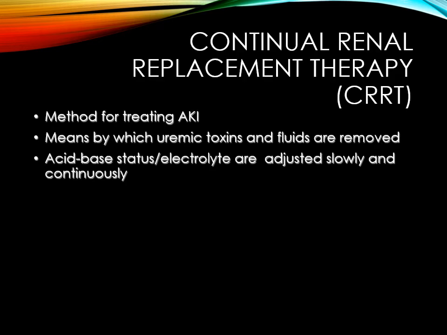Moving on, let's talk about CRRT, or continuous renal replacement therapy. The principle of CRRT is to dialyze patients in a more physiologic way over 24 hours, just like the kidneys. CRRT is contraindicated if a patient has life-threatening manifestations of uremia, such as hyperkalemia or pericarditis, that require rapid treatment.